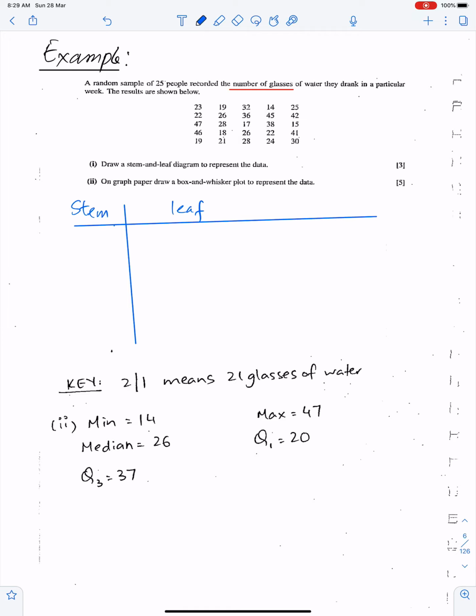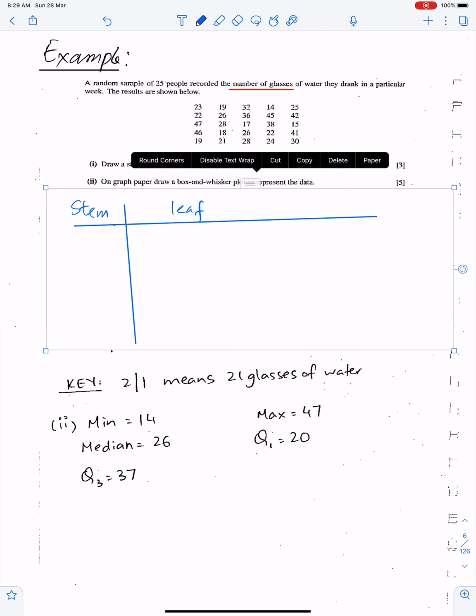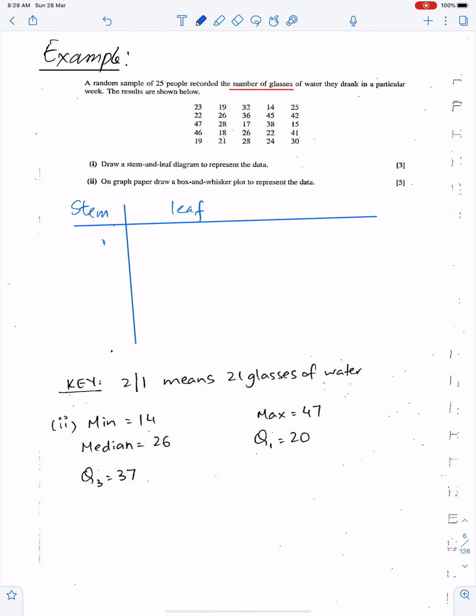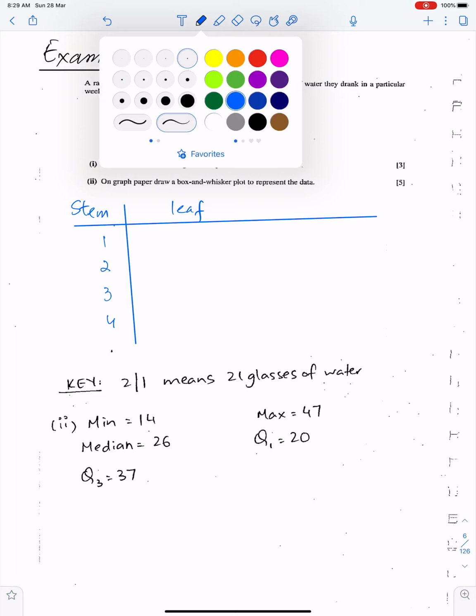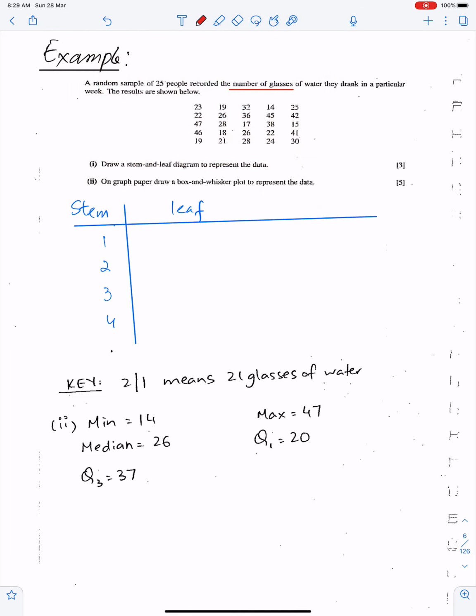So you should write 1 here, 2, 3, 4. Now cancel the first observation. It's 23, write 3 here, and you will read this thing as 23. Cancel this second observation, write here.